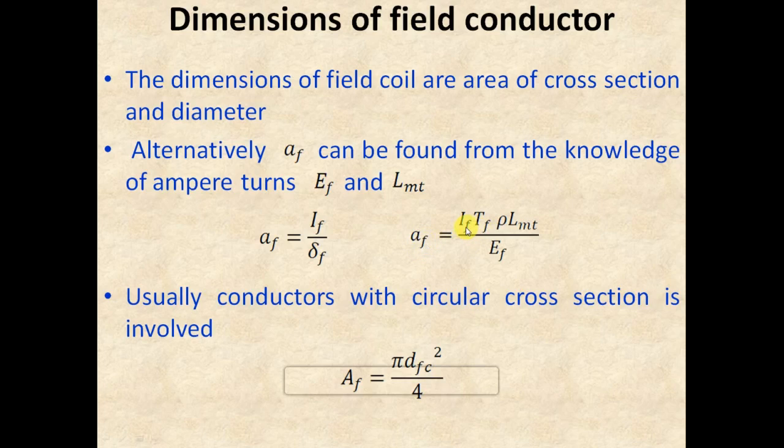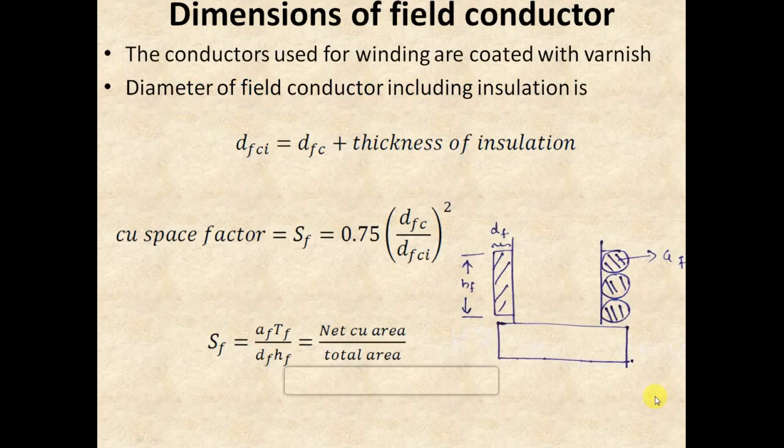IF is the current flowing through the field conductor, rho is the resistivity. The total length can be identified by multiplying the mean length with the total number of turns present in the machine. So TF into length of mean turn will give you the actual length of the field conductor, and the voltage is indicated by EF, which is actually 80 to 85% of the terminal voltage. Usually these conductors are coated with varnish in order to provide insulation to the conductors.